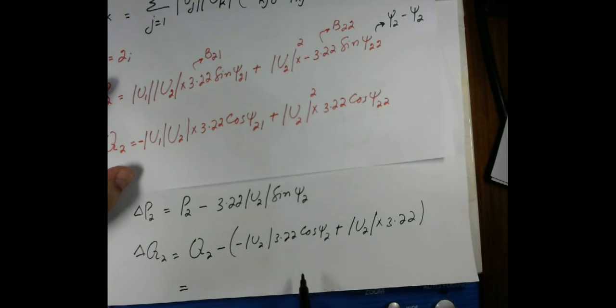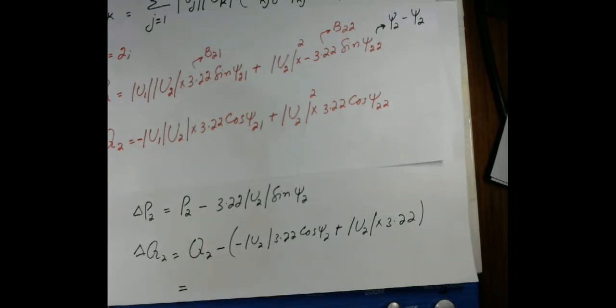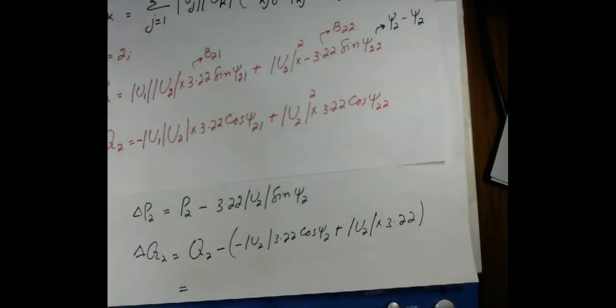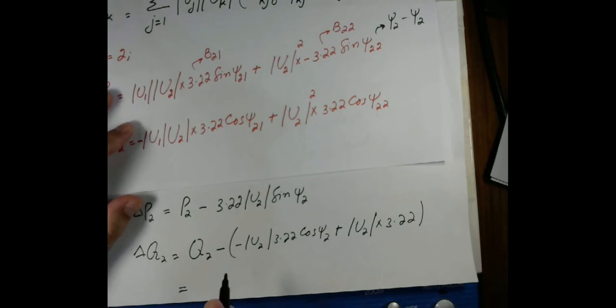Because Q2 at the load bus is 0, that is given in the problem, so we put it as 0 and also multiply by the negative sign.